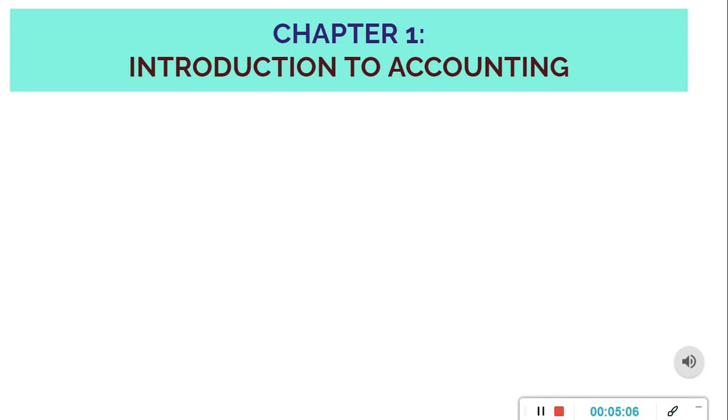Whatever transactions are happening in the business, we are recording in a book. We are maintaining it as a record. That process is called accounting. Clear? Accounting is the process of recording financial transactions, whatever is happening in the business. Clear? The full definition we will do later.